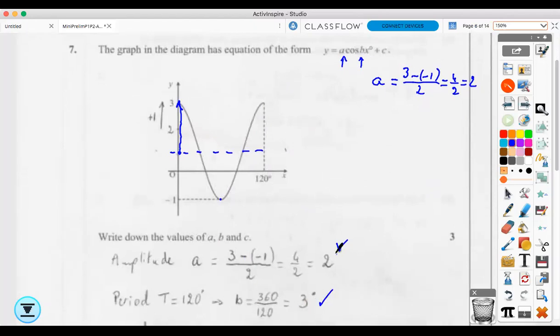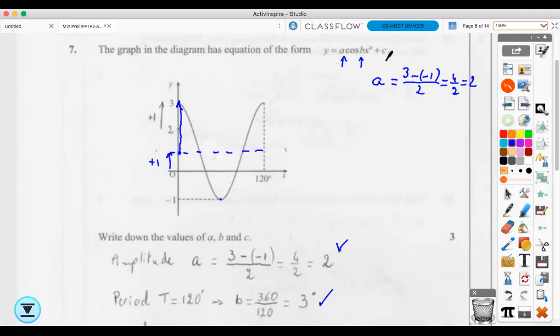And the last mark was because the graph itself, this should have been 0 if we were not adding any offset. It's as if the graph went up by 1. So it went from 0 to here. So that is a +1.